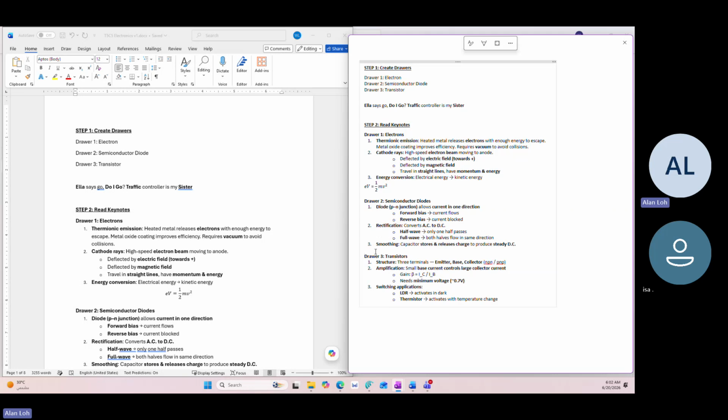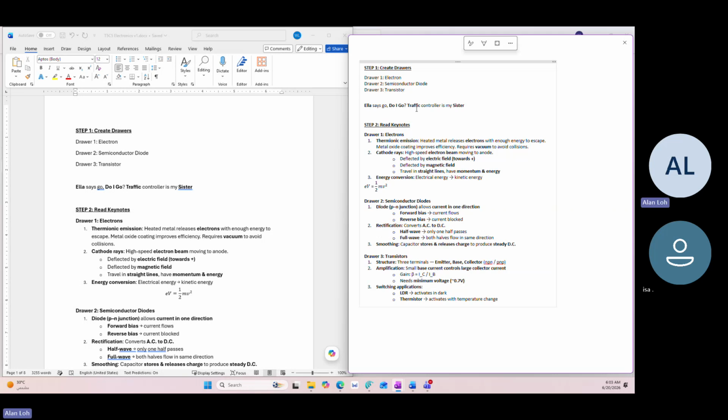So let's start. For this chapter, we have 3 drawers: electron, semiconductor diodes, and transistor. So I created a story. Ella says go. Then I start the question, do I go? In front, there is a traffic controller, and that is my sister, right? So Ella represents electron.